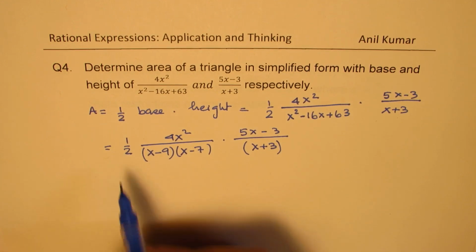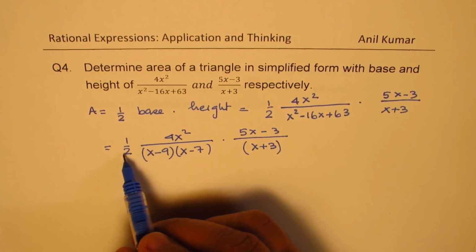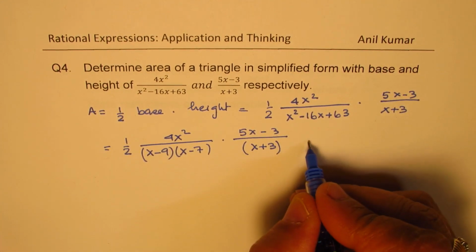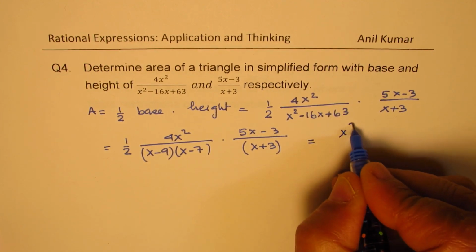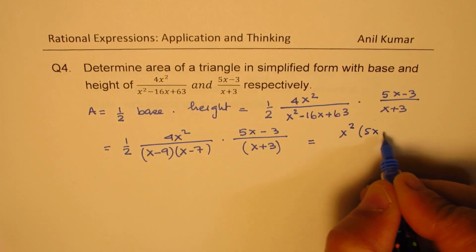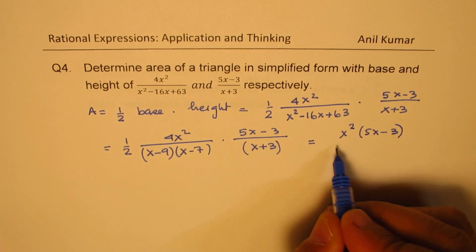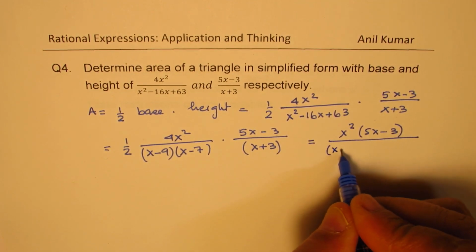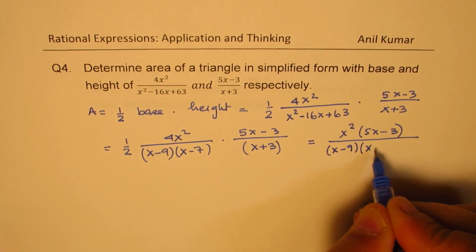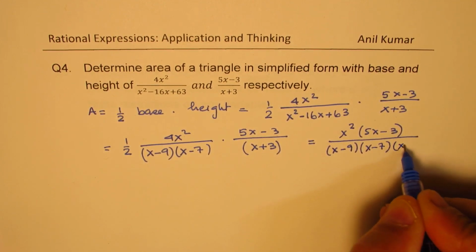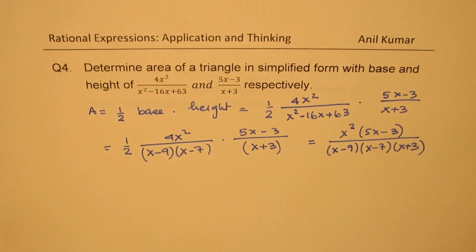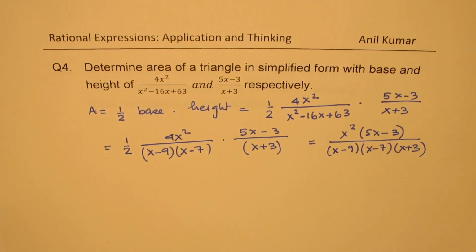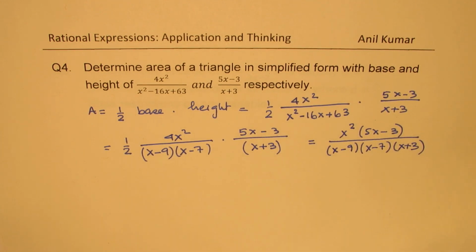So nothing much can be done here. You can just divide 4 by 2, and you could write this as x squared times 5x minus 3 over x minus 9 times x minus 7 times x plus 3, correct? So that is the expression which can be used in this particular case. Let's move on and take the next question.